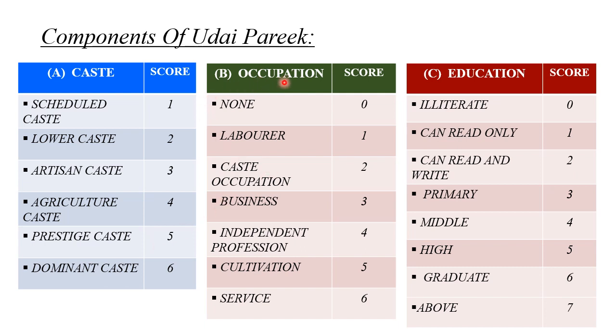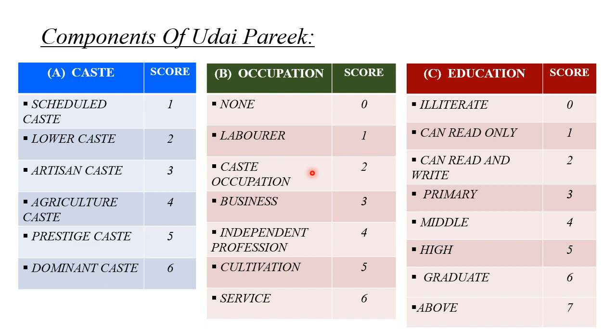Next category is occupation. Non laborer, caste occupation. That is, occupation which is linked to a caste, like if someone is a Tarkhan, carpenter caste, like Nai, Darji, Kumyar. So these are the different caste occupations.